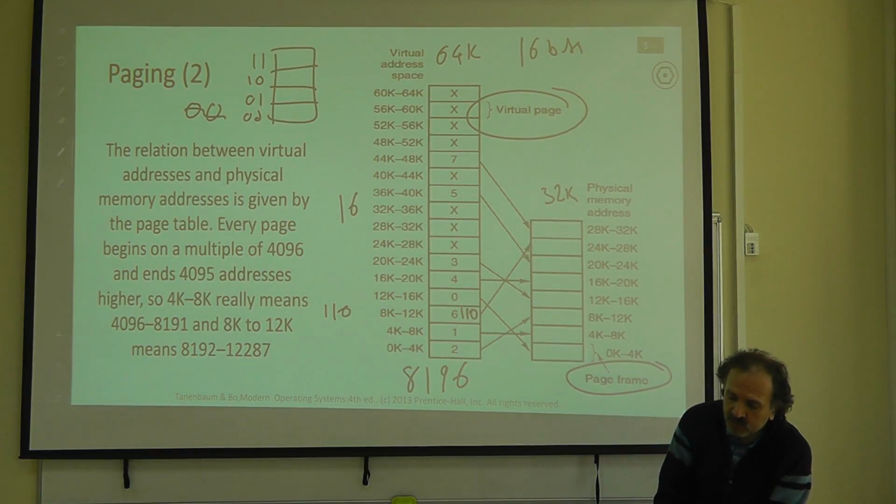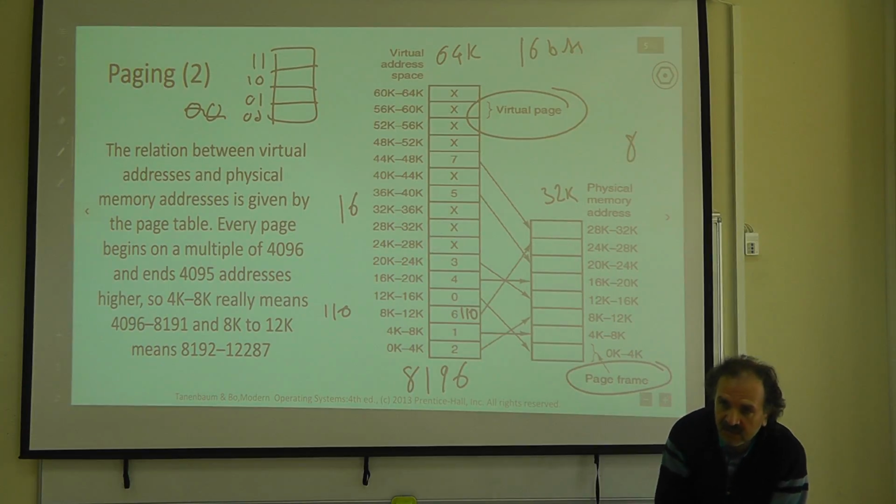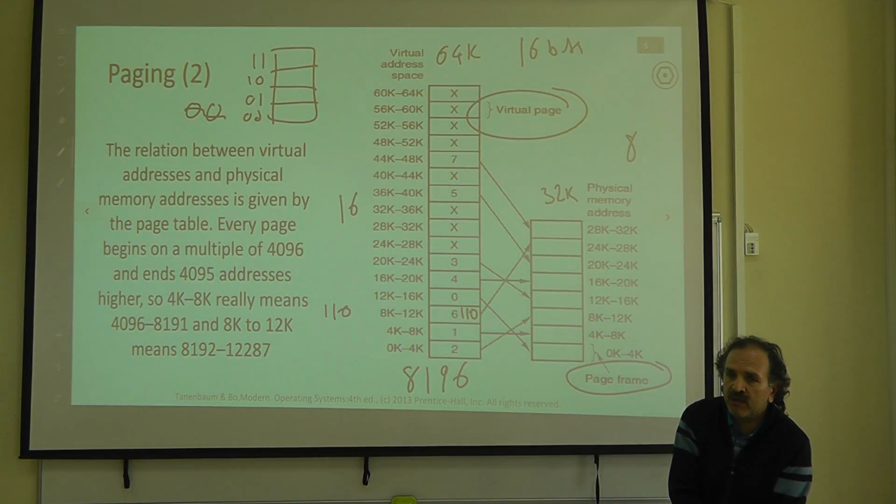If my physical memory is 32 kilobytes, okay, and I have 4 kilobytes of page size, then 32 over 4 is 8, right? So I have 8 pages. To be able to address 8 pages, how many bits do I need?